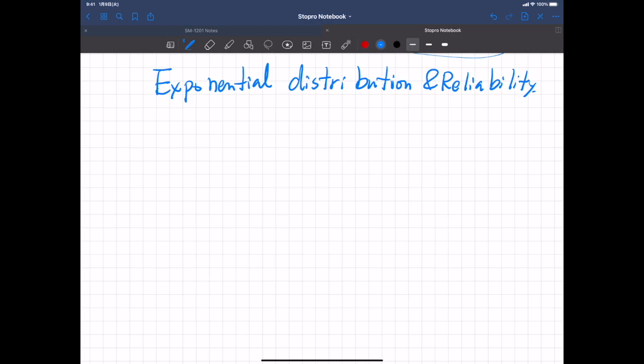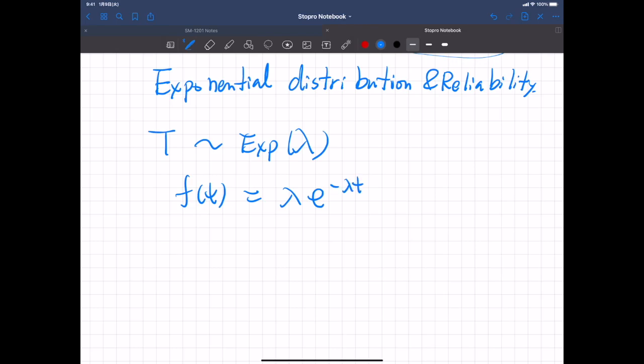Now, for simplicity's sake, let us assume that the time to failure is exponentially distributed with some parameter, let's say lambda. So in this case, the density function becomes this, lambda times exponential of negative lambda t.